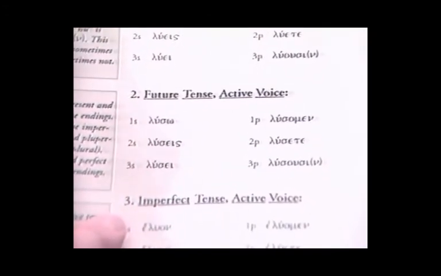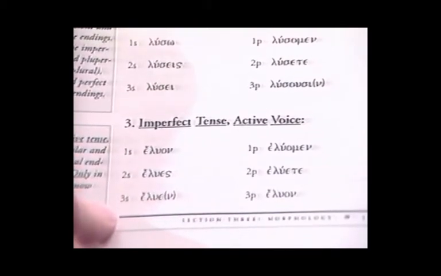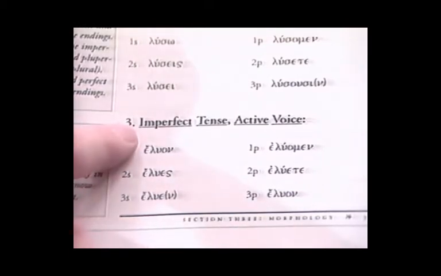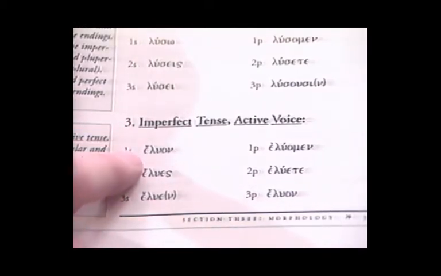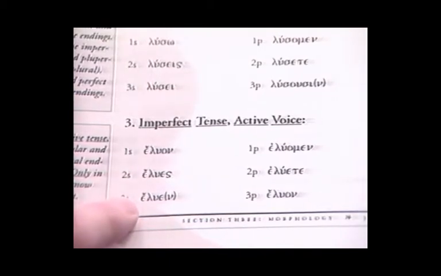Look at the third set of endings, the imperfect tense, active voice, indicative mood. Notice that in the imperfect tense, we're looking at past time. How do you know that? Well, you see there an temporal augment, the epsilon, in front of each one of these verb forms.